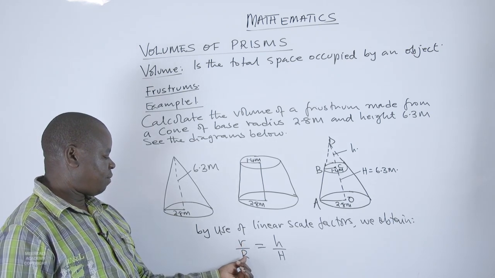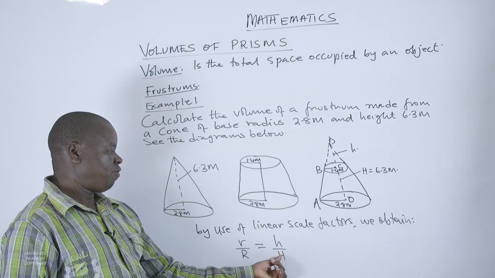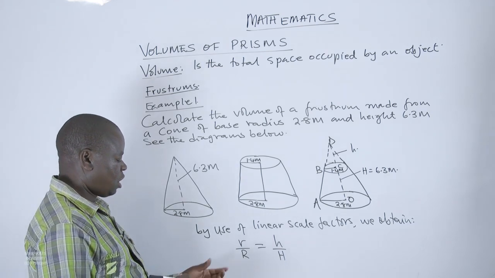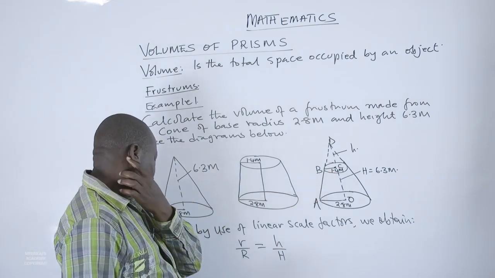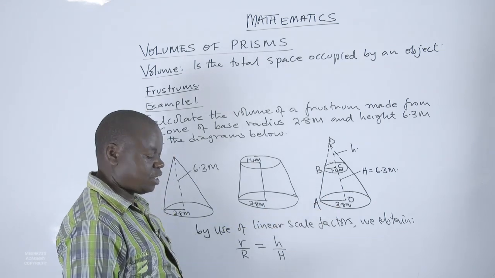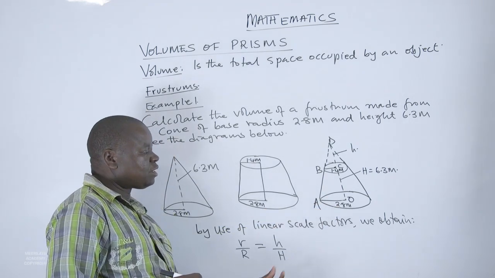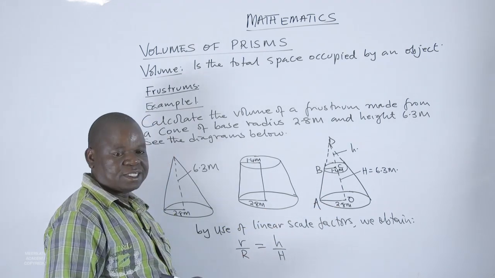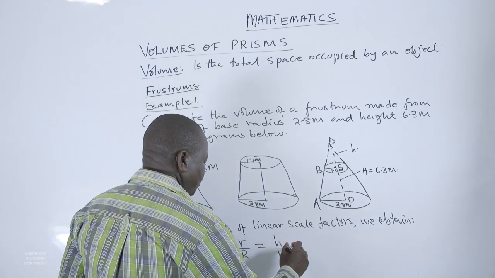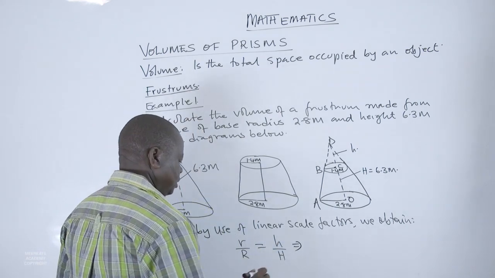R small over R capital should be equal to h small over H capital. And because we know R small is 1.4, R capital is 2.8, H capital is 6.3, we can calculate small h. So let's do the basic substitution and obtain that.